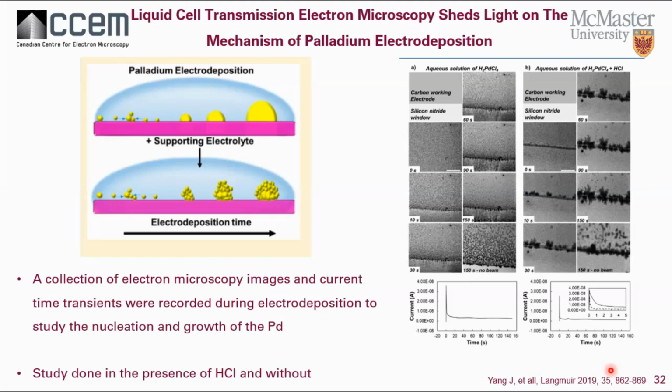We took a series of electron microscopy images, and we recorded current time transients during the electrodeposition to see the nucleation and growth of the palladium. We wanted to check the influence of HCl on the palladium growth, and we found that the addition of HCl in the electrodeposition bath transformed the morphology of the palladium electrodeposit.